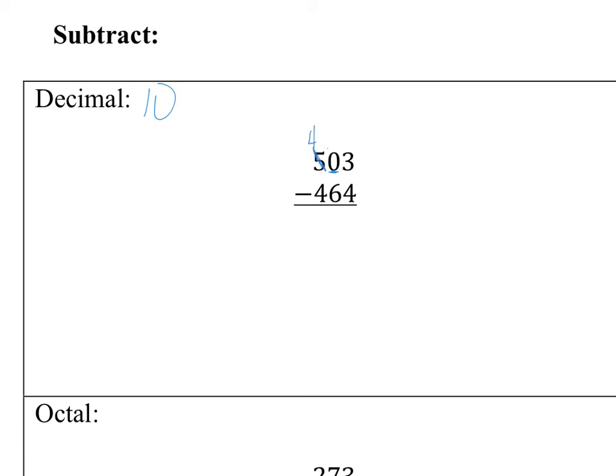I put a 4, make this 10, then borrow from this, make a 9, and there we go. If you take 1 away from 50, you get 49. Then you do 13 minus 4, which is 9, 9 minus 6, which is 3, and 4 minus 4 is 0. So you're left with 39.